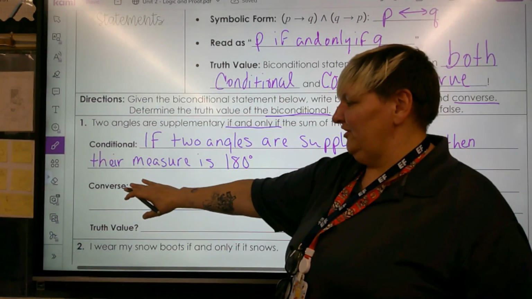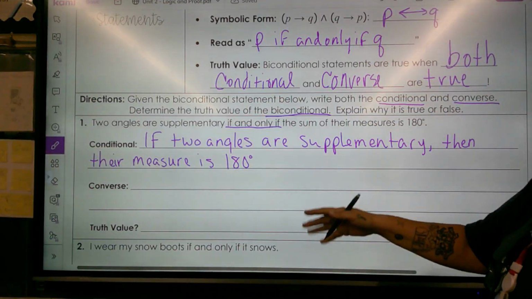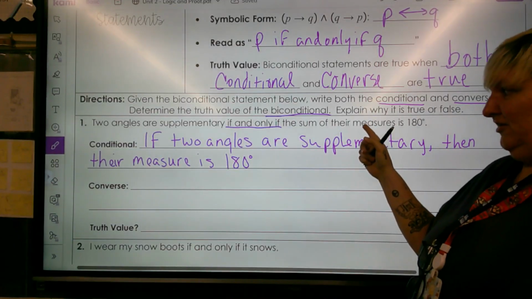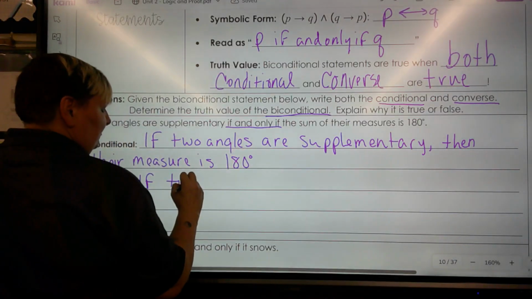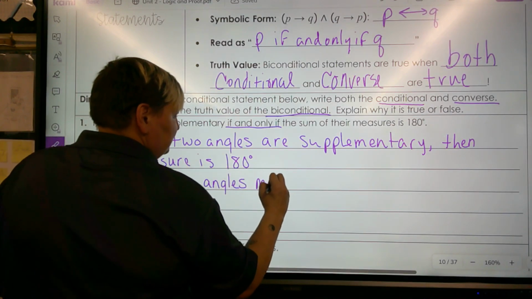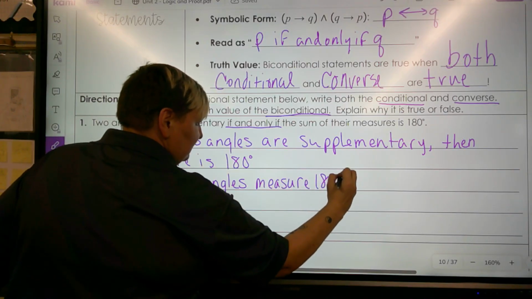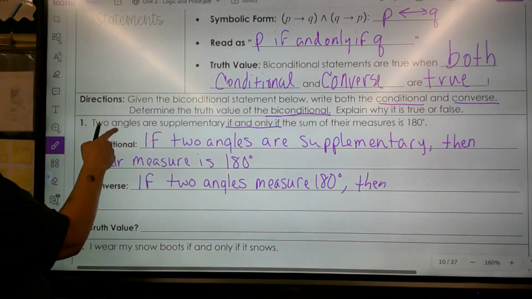The converse is the switch. So it's going to be: if two angles measure 180 degrees, then they are supplementary.